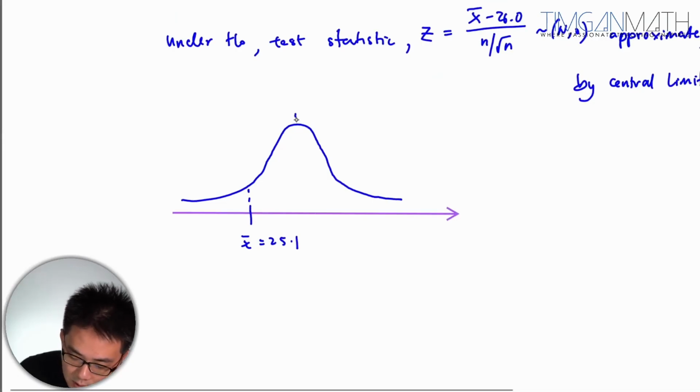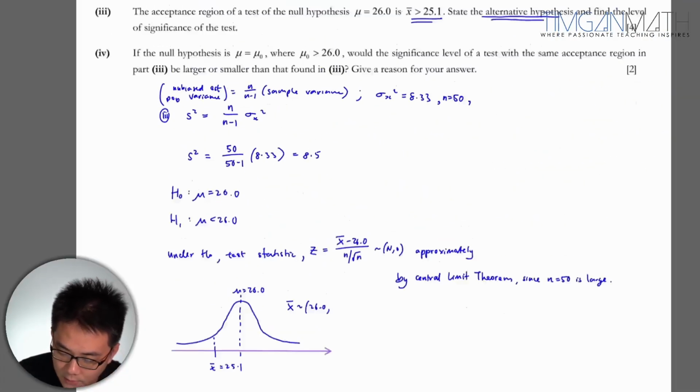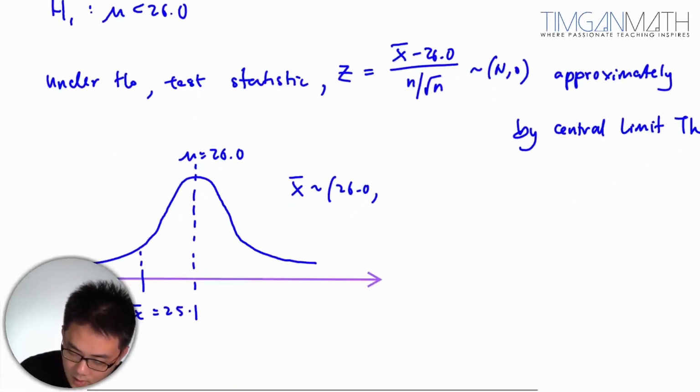Just remember that H0 is true: mu equals 26.0, and x bar has mean 26.0 with variance s squared over 50.